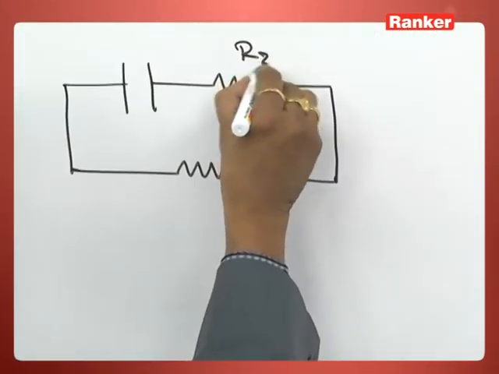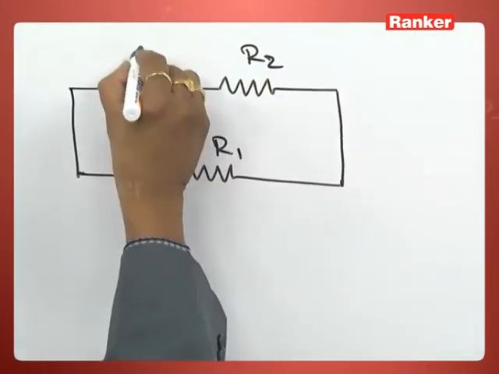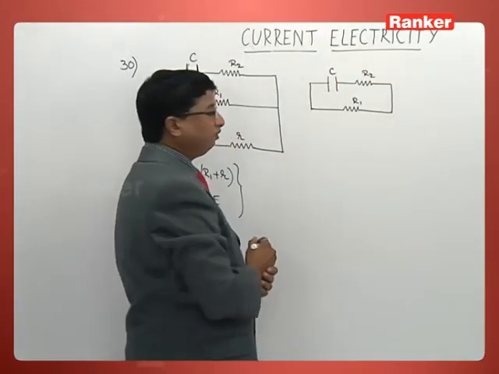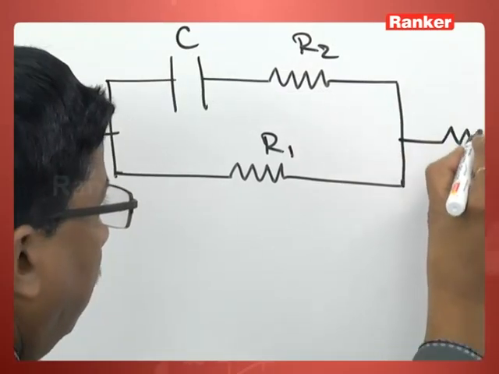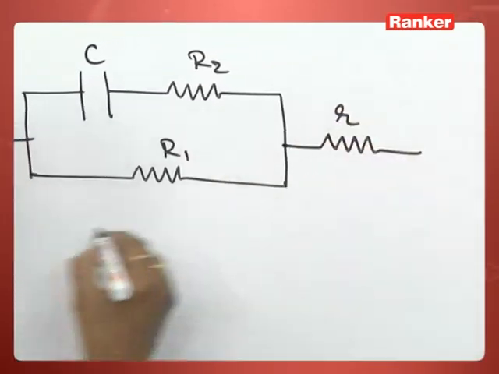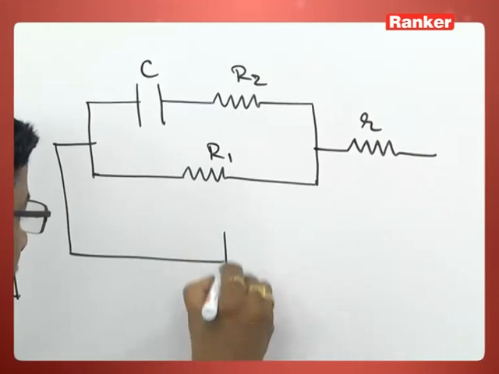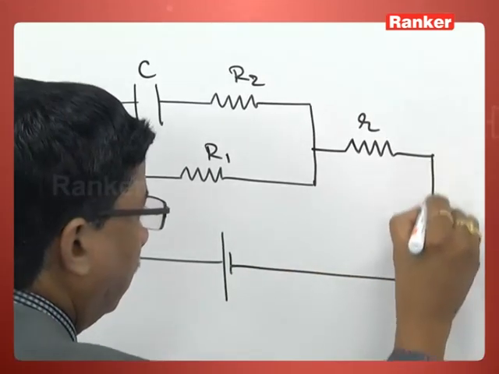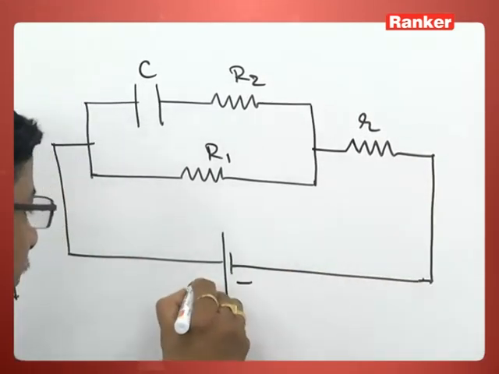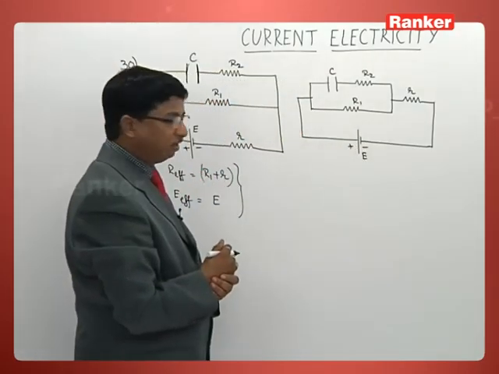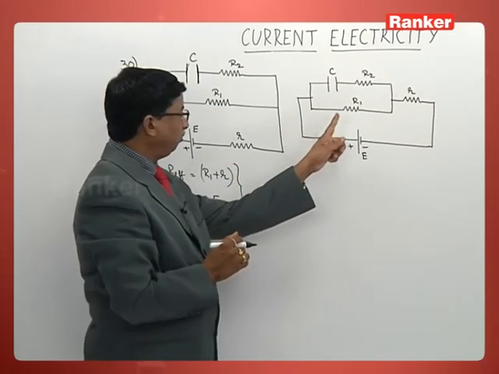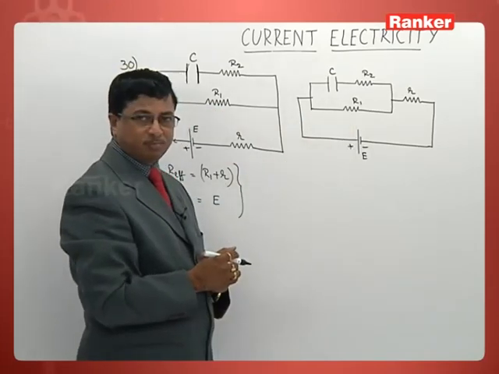This is given as R2, this is given as R1, this is given as C. Now you can say this is the internal resistance small r, and here is the cell that is connected across. E is the EMF. Same circuit, I have redrawn it like this.